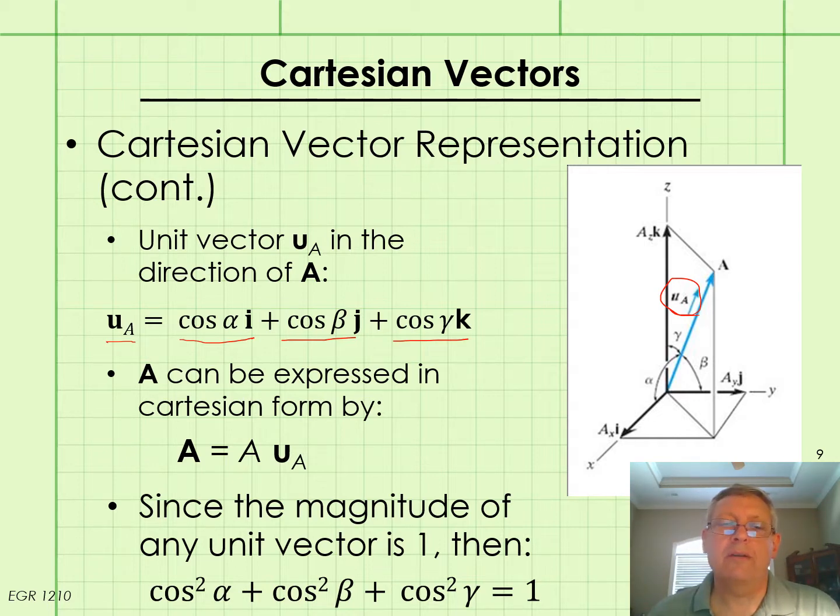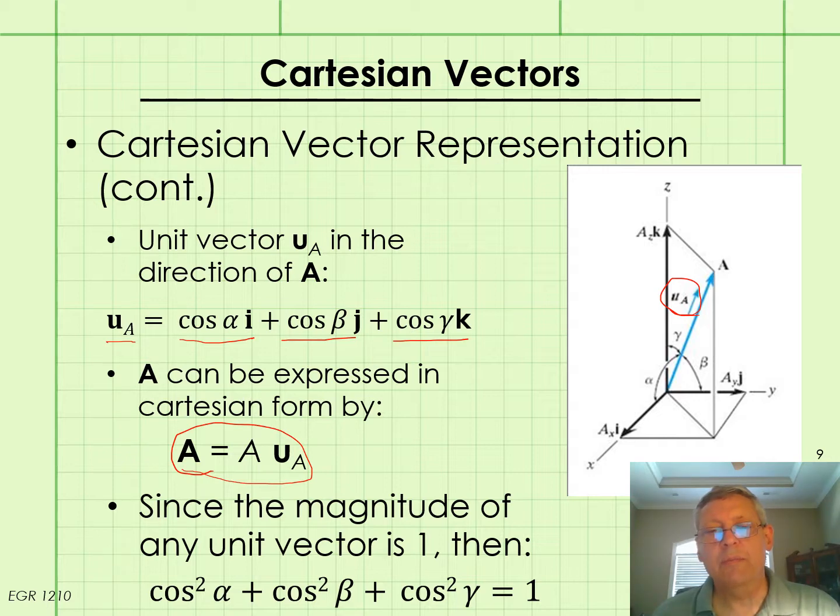Now, if we can write a unit vector in the direction of A, and we know the magnitude of A, then we can express A in Cartesian form by this equation here, where vector A equals the magnitude of A times the unit vector in the direction of A.